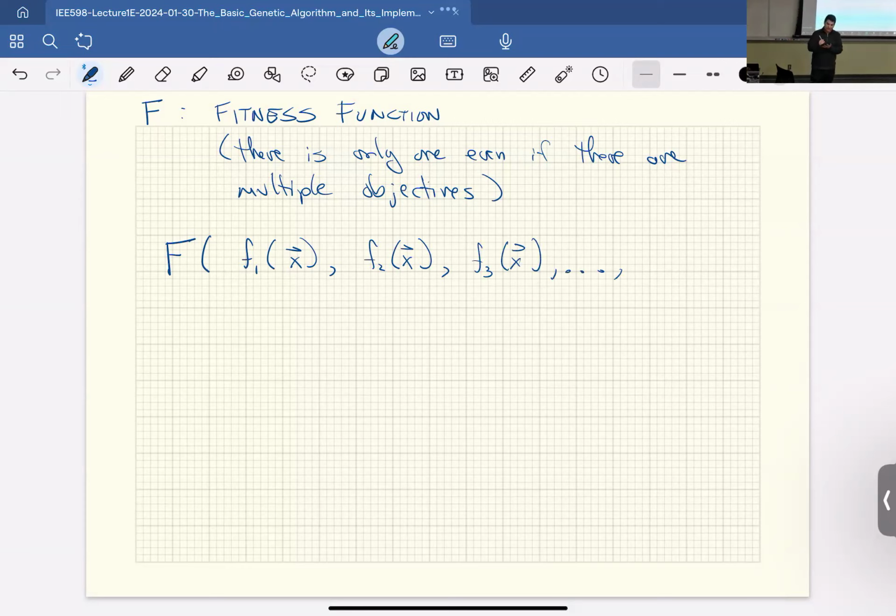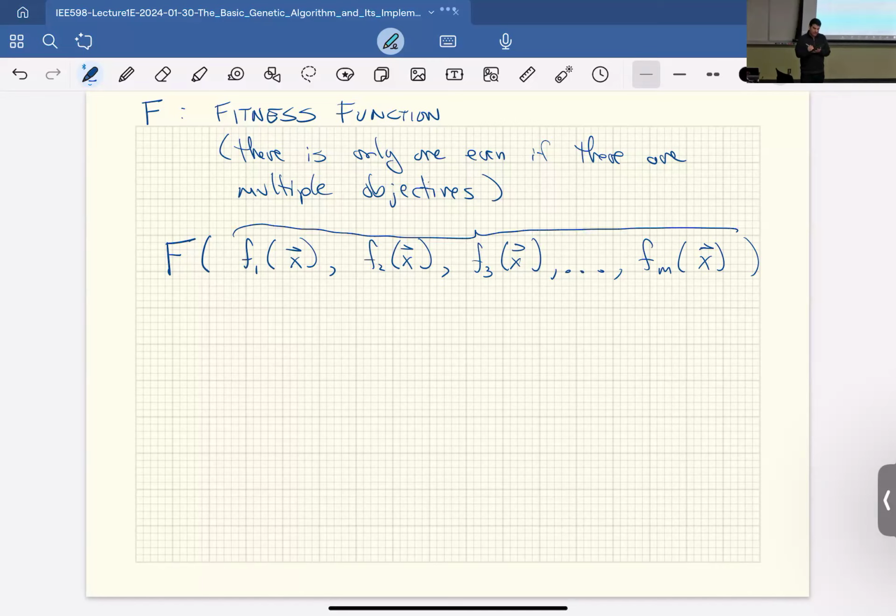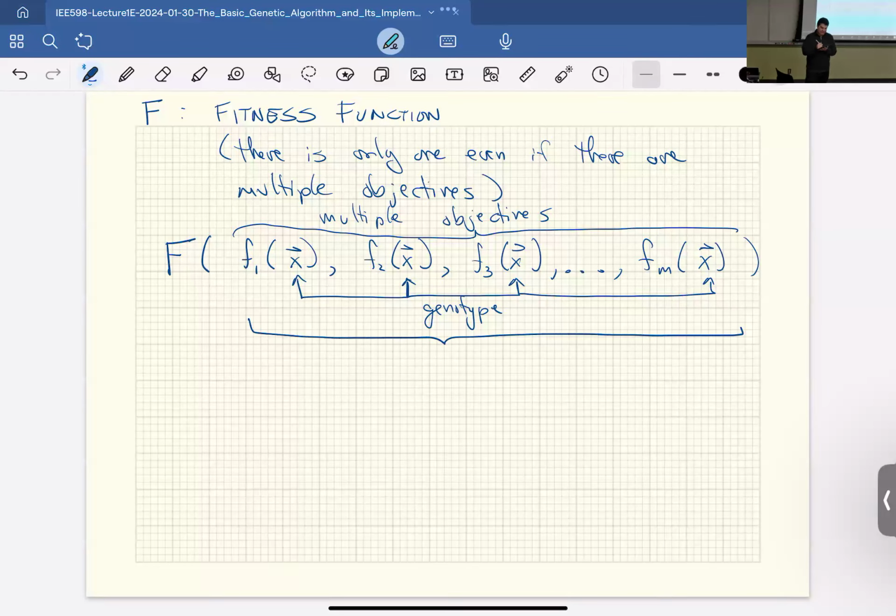So we have some level of little f's, these multiple objectives, that all go in, and they all take the same genotype in. This is all genotype. And together, this vector is the phenotype, or the collection of traits.